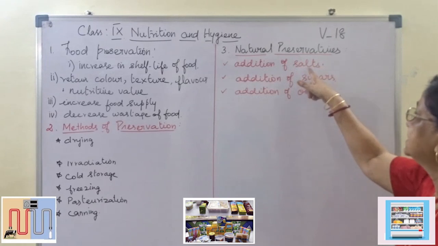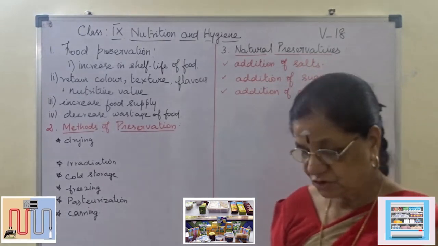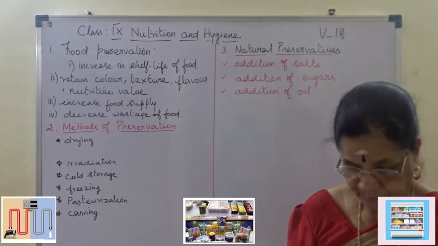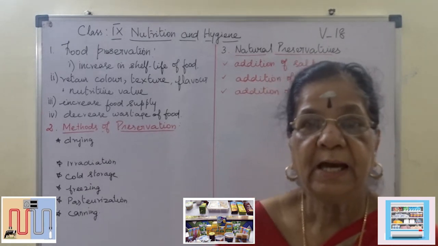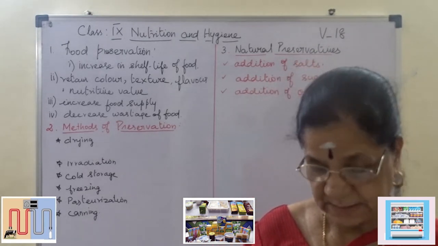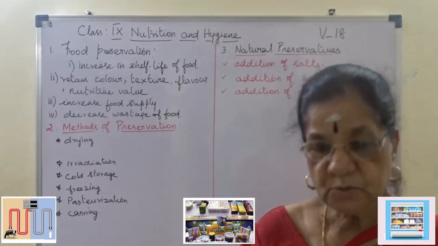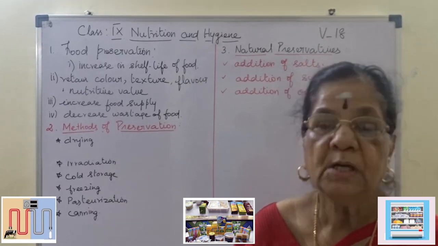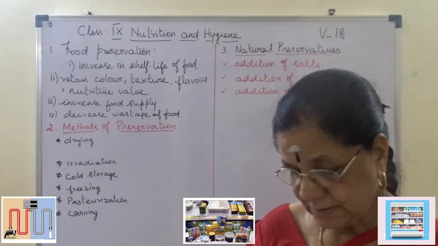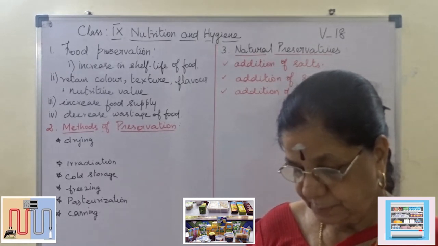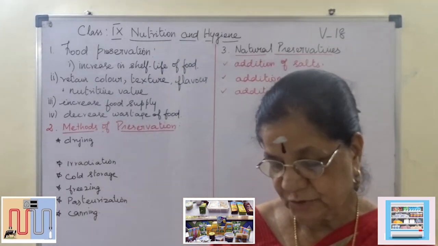And the process of phenomenon is followed here in the addition of salt. Then it prevents the growth of bacteria and reduces the activity of microbial enzymes. And example, meat, fish, gooseberry, lemon and raw mangoes are preserved by salting. The method is also used as a preservative in pickles and canned food. Right? The next one, addition of sugar.